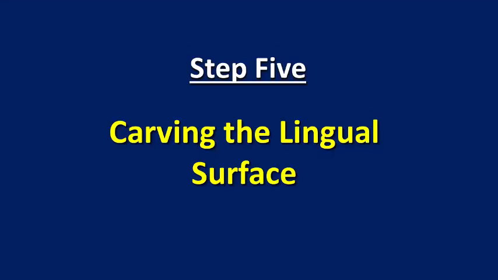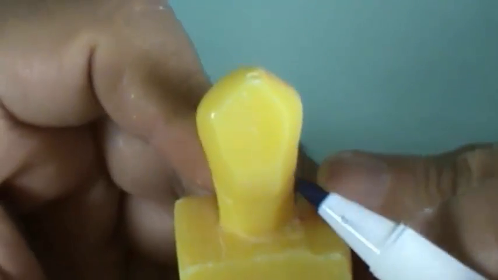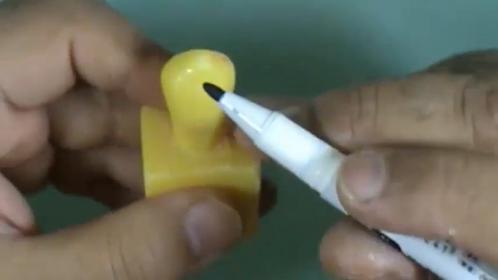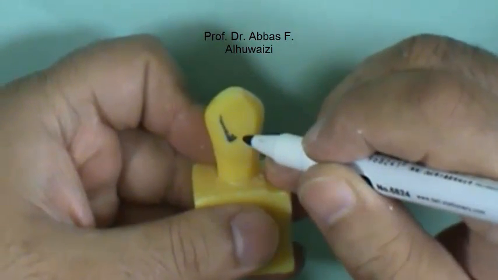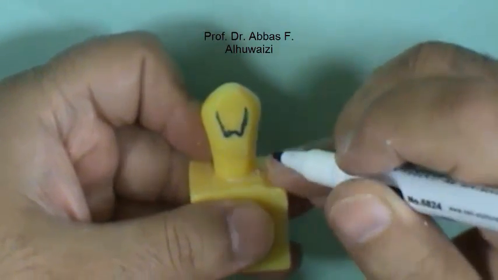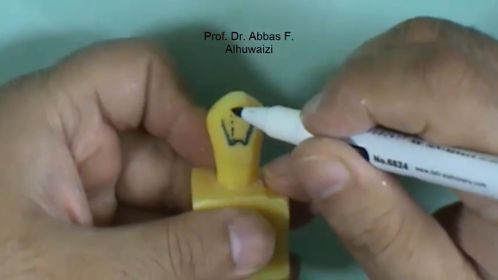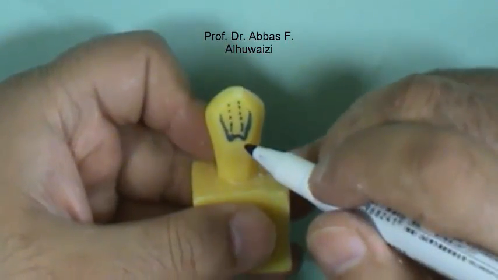Step 5. Carving the lingual surface. Now we draw the lingual surface of the maxillary canine, the mesial and distal ridge, the middle ridge, and the cingulum.